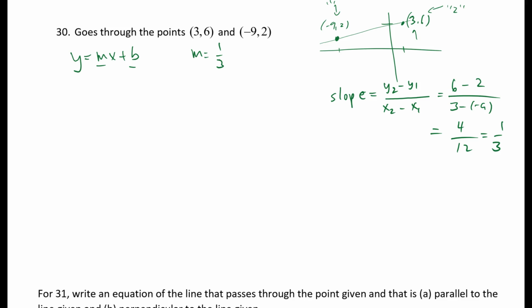We are halfway home. We need the intercept now, and we can use that same approach we used on the earlier problems. I'll go ahead and use this as our point, (x, y). So if we know that y equals 1/3 x plus b, and this point is on the line, 6 is the y value of that point, 3 is the x value of that point. 6 equals 1/3 times 3, which is just 1, plus b.